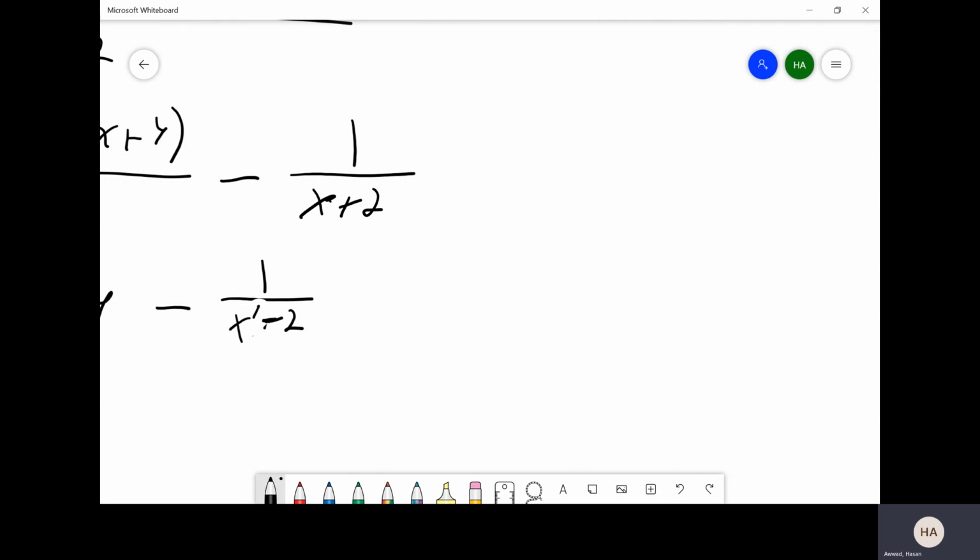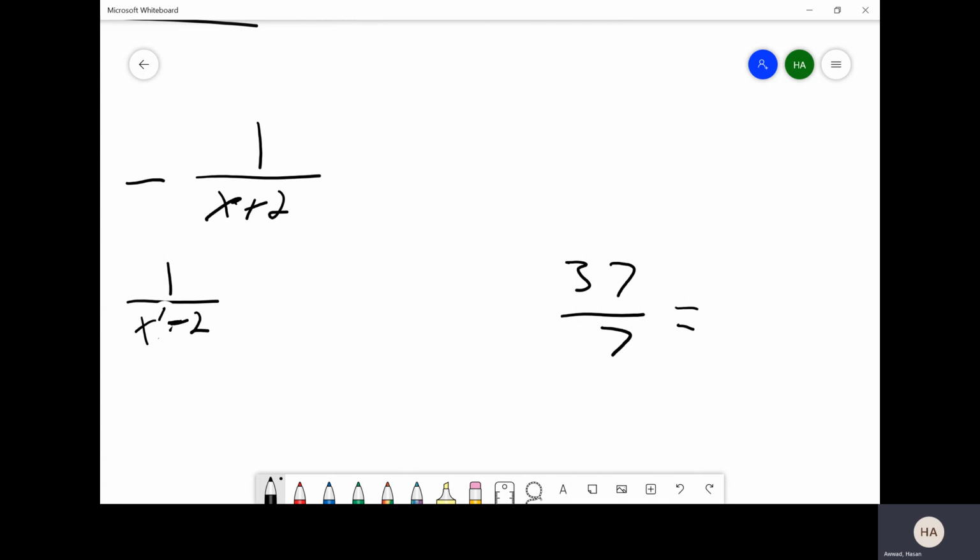If we're talking about, let's say, 37 divided by 7, you know that 7 is not going to go evenly into 37, right? So 7 goes, 7, 14, 21, 28, 35. So we know that you're going to get 5 because the biggest number that you could take out is 35.